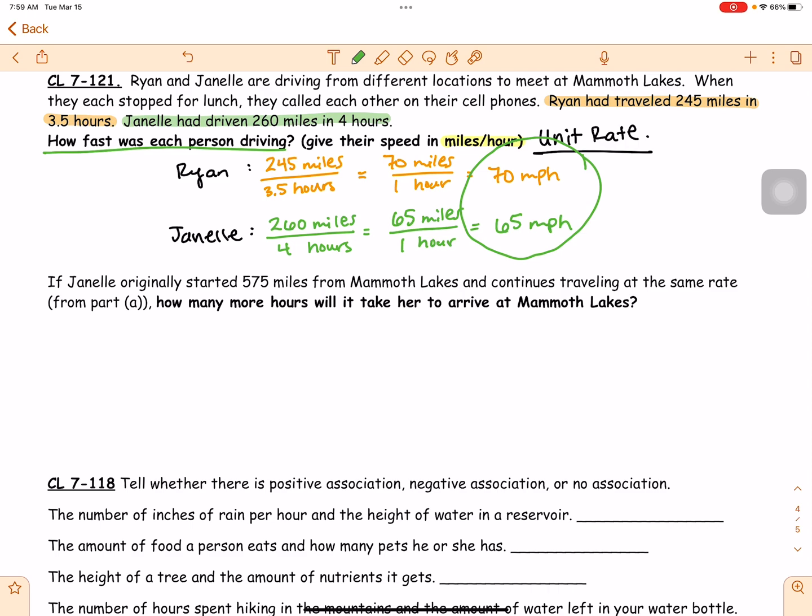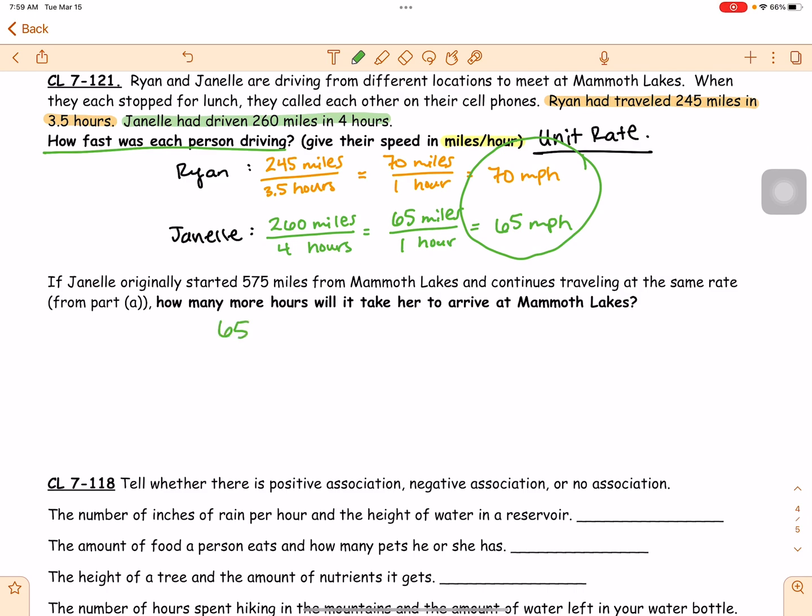if Janelle originally started 575 miles from Mammoth Lakes and continues traveling at the same rate, how many more hours will it take her to arrive at Mammoth Lakes? Okay. So what we can do here is, if we know that she travels 65 miles in 1 hour, this is about Janelle.